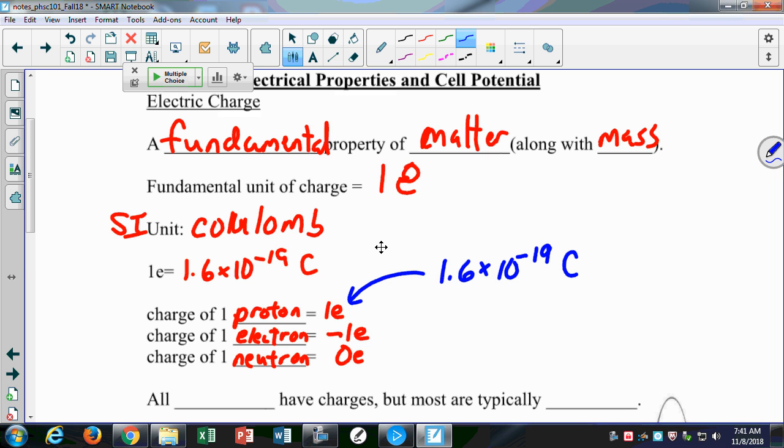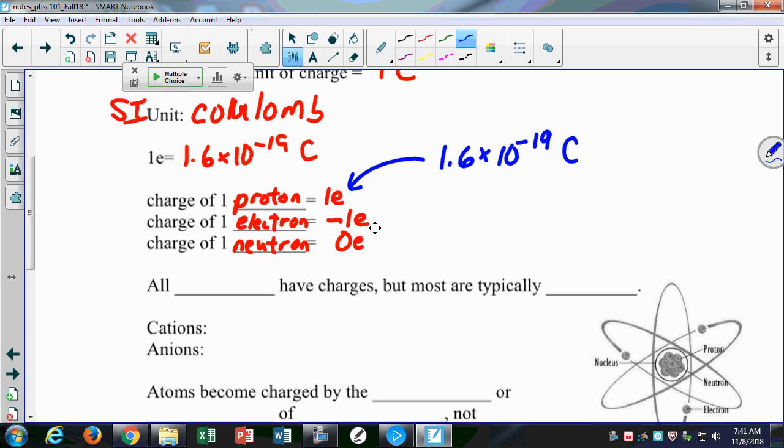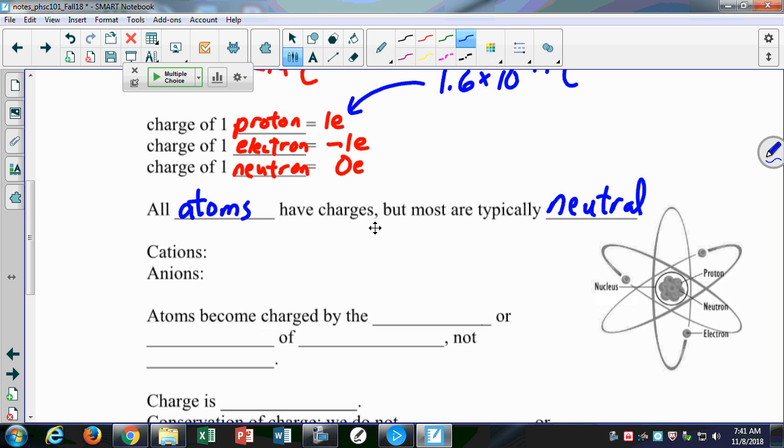All atoms have charges, but most are typically neutral. But we do have some atoms that are charged, and we call those cations or anions. Cations are positive. They have a net positive charge.